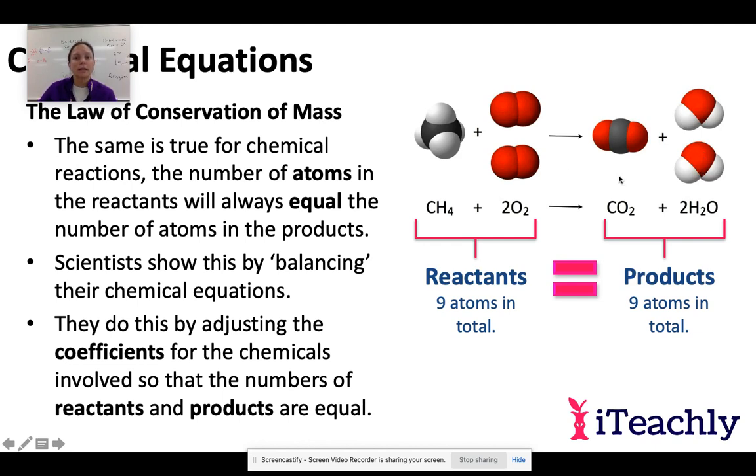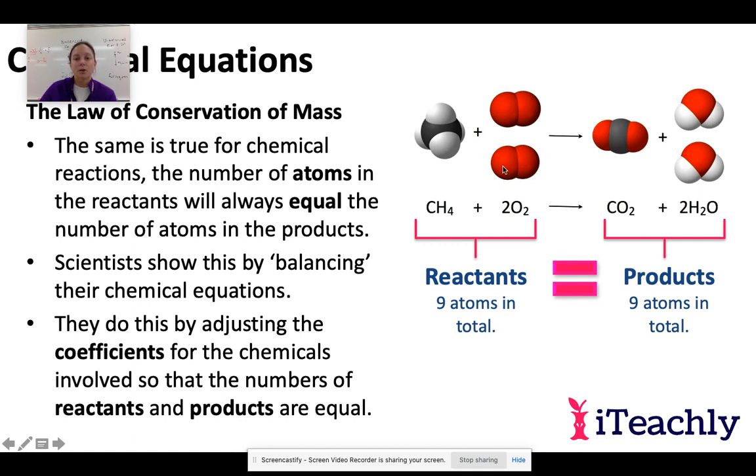So let's look at this. The carbon is C, and that's the black dot. Notice there's 1 black atom on each side. Notice there are 1, 2, 3, 4 white atoms, 4 hydrogens, on both sides of the equation.